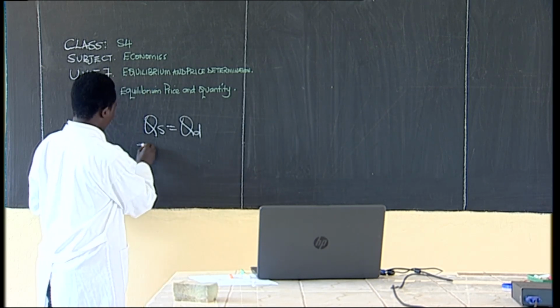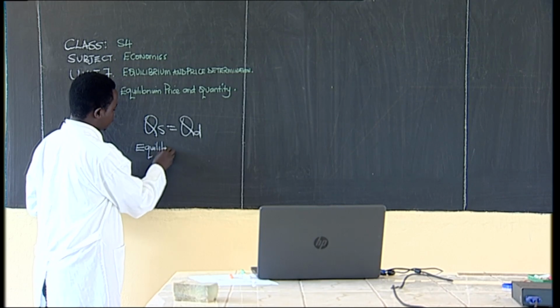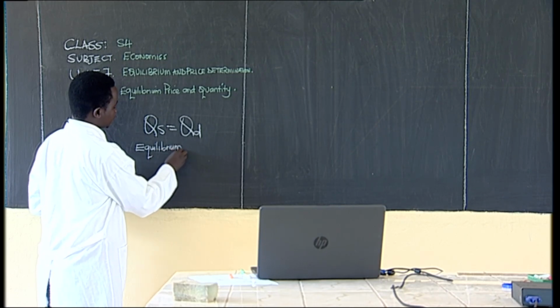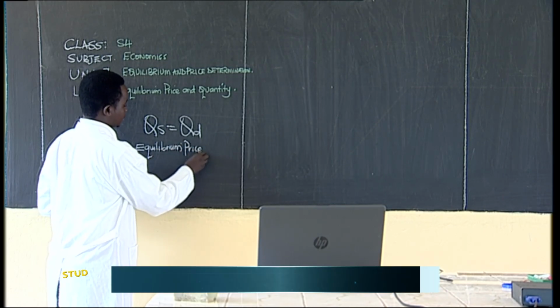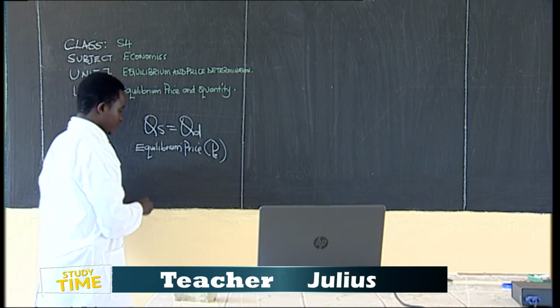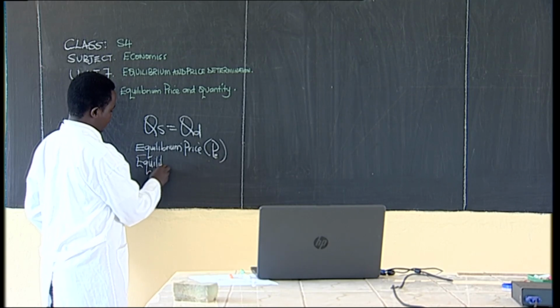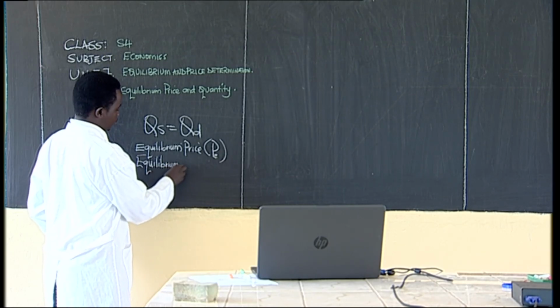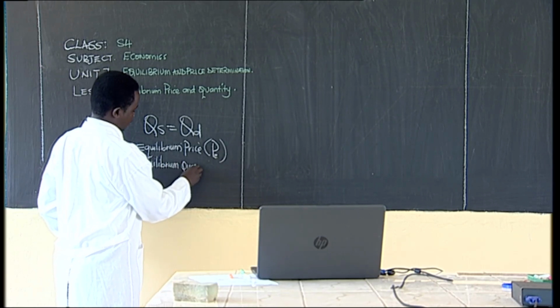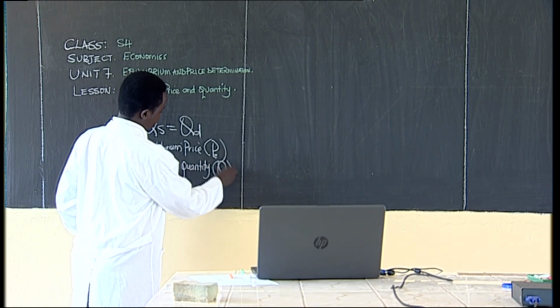So at this point we have an equilibrium price, which we can say is PE. And then we have an equilibrium quantity, which you can say is QE.